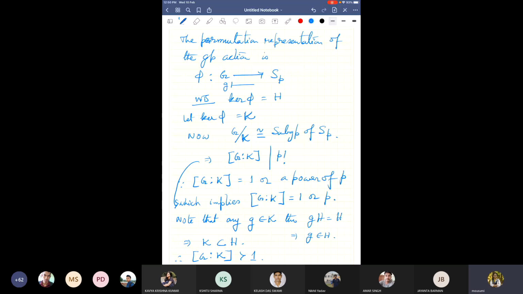You consider g and send it to sigma_g, where sigma_g of xH is equal to gxH for all the left cosets. That means sigma_g of H should also be equal to H, right?